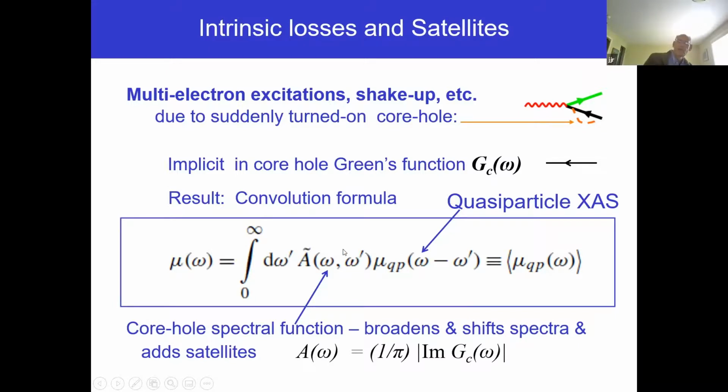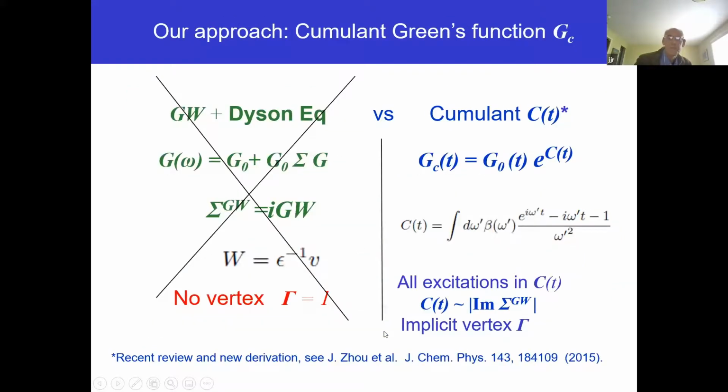Well, the beautiful thing is that you can add these to our theory very simply by treating these processes as independent. Then all you have to do is add a convolution between what you calculated already, the photoelectron or quasi-particle X-ray absorption, and the core hole spectral function that builds in all of these excitations. We use what's called a Cumulant Green's function for that approach.